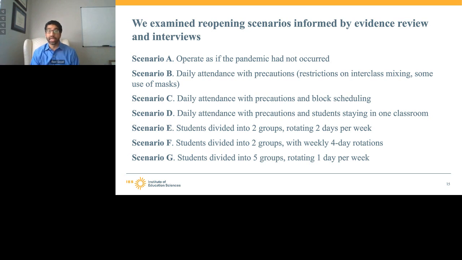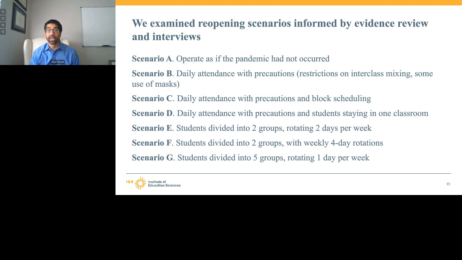Here, students attend 4 days one week, are off the second week, attend 4 days the third week, off the fourth week, and attend 4 days on the fifth week. That is one group, while a different group attends classes in person on the second, fourth, and sixth week, and so on.